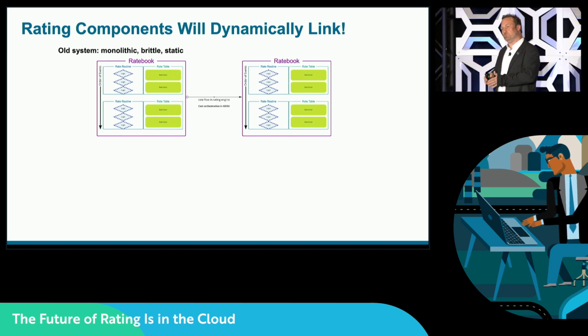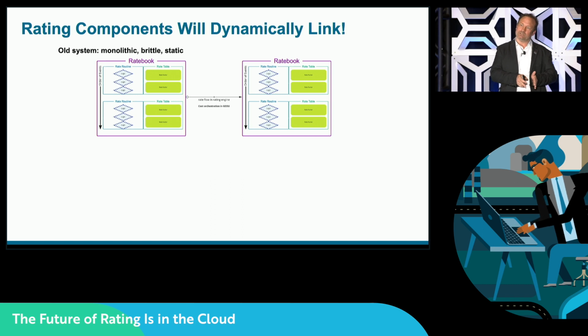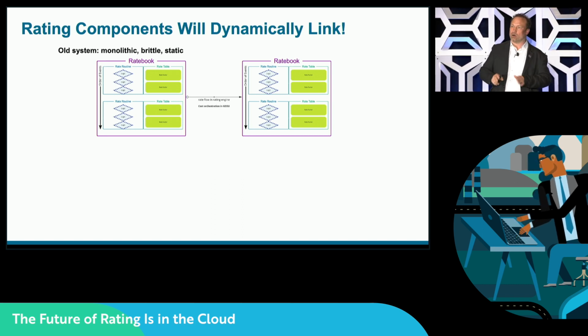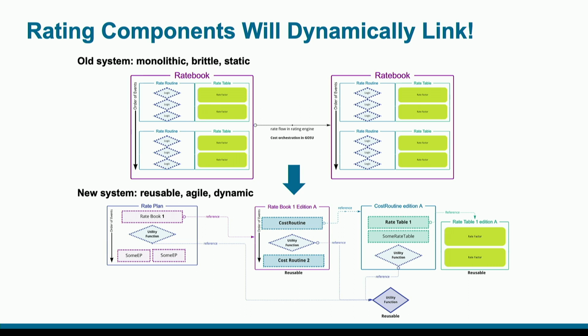Rate tables will be individually versioned, rate routines individually versioned, and all the components are like that. What that means is you're no longer hardwiring version numbers into a rate book. It's going to dynamically find the appropriate version at runtime. What's that let us do? A lot better maintenance. Because now you're going to be able to do small incremental table updates, and you'll be able to just focus on that table and not worry about all the other content in the whole rate scheme.